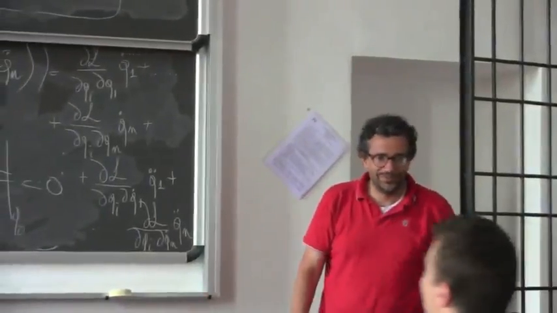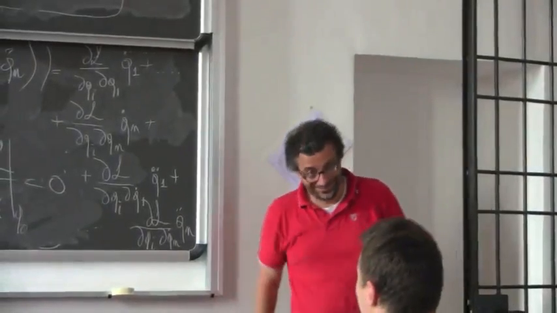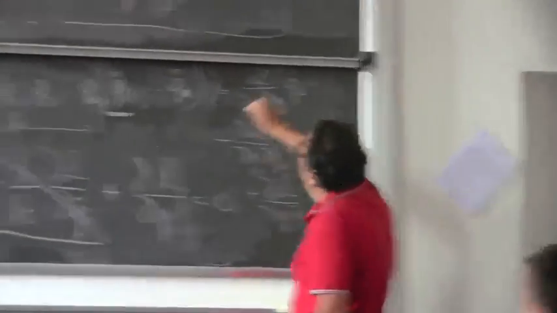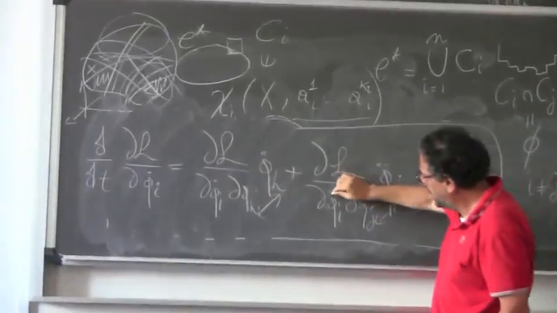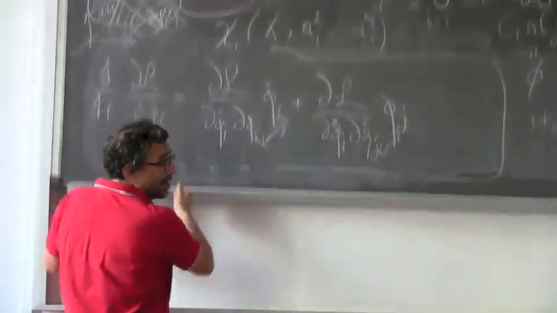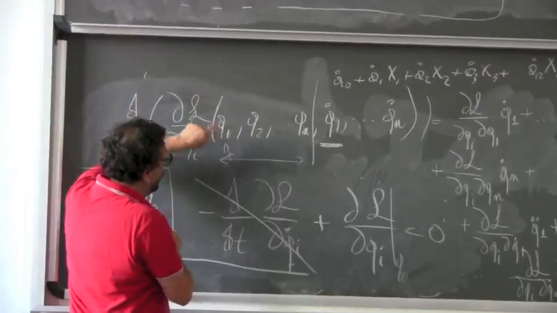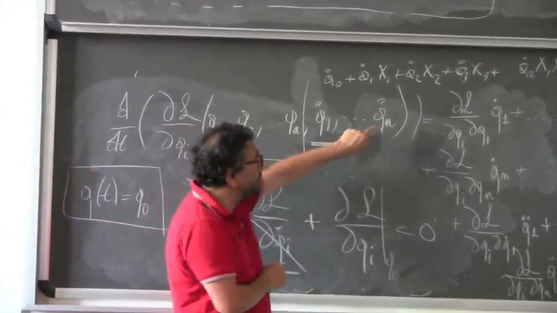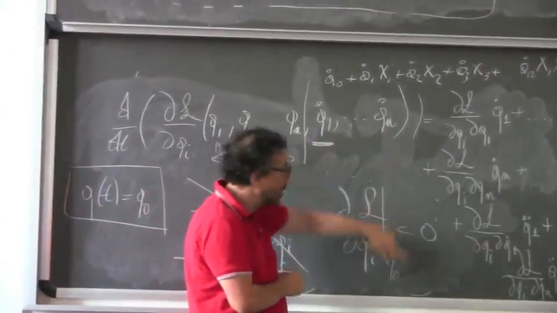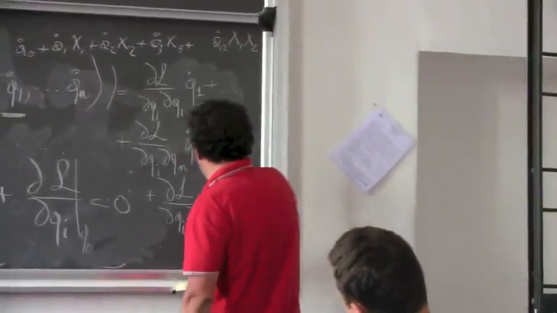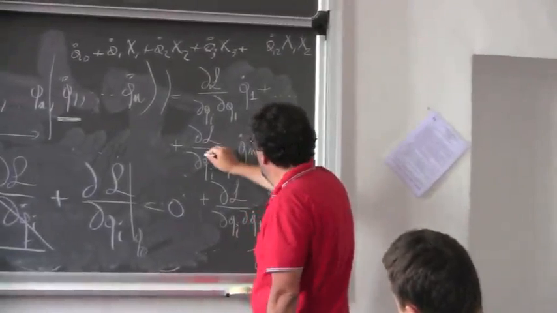Tell it to everyone, in English. This diagonal should be 2 dots over the qi and qj. Where? Here. You mean here? Yeah. No. Because L is a function of Q1, Q2, Qn, Q dot 1, Q dot 2, Q dot N. Here is... you mean here?